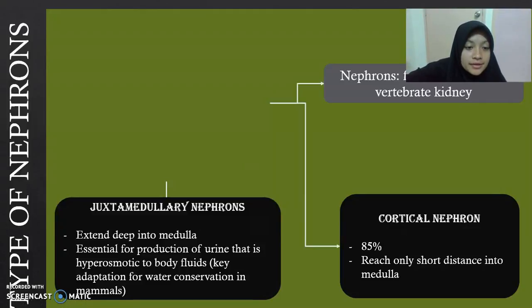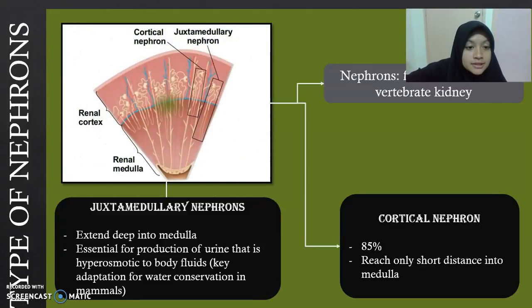So the kidney consists of many nephrons. Nephrons are the functional units of the vertebrate kidney. In mammals, there are two types of nephrons, the cortical nephrons over here, and also the juxtamedullary nephrons. They differ in structures and functions.